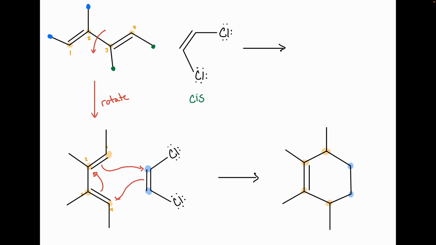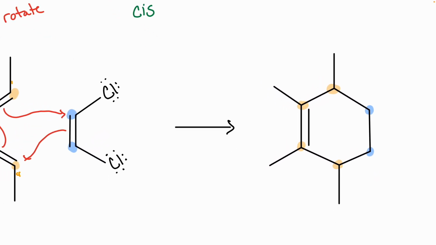Because I'm starting out with this cis alkene here, I need to have that reflected in the stereochemistry of my product, where both of those chlorines are on the same side of this ring, either both on wedges or both on dashes. It doesn't matter which one. But we have to indicate that they're pointed on the same side.